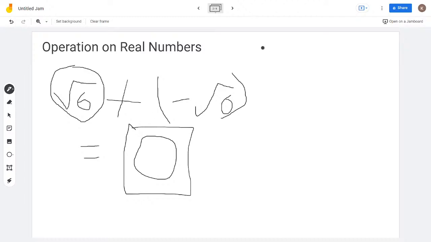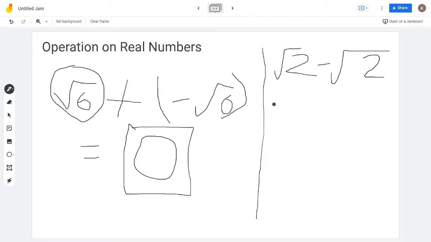Again, we can have an example like root 2 minus root 2. Also, these are the examples of addition and subtraction.